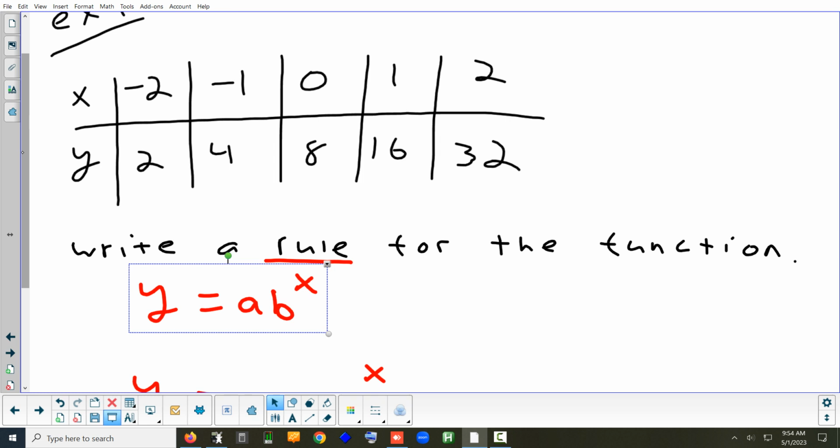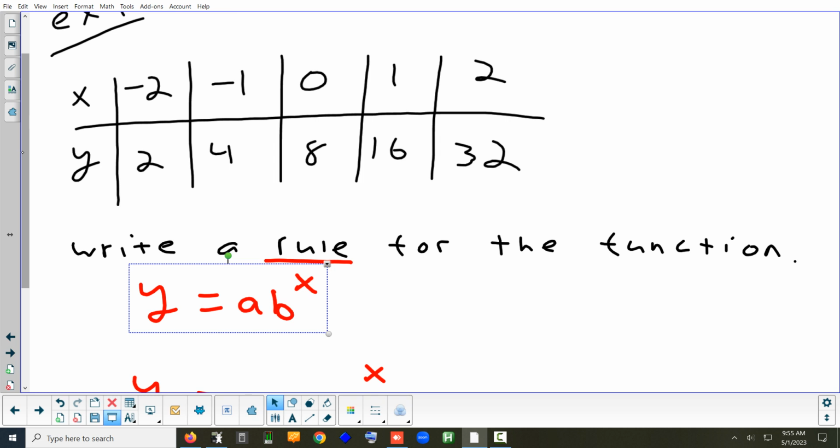Remember, a is a number that's in the table. So a is one of those numbers. Does anybody remember how you find the a? Okay, so look back at your guided notes, if you're not sure, and read what it says for how to find a.